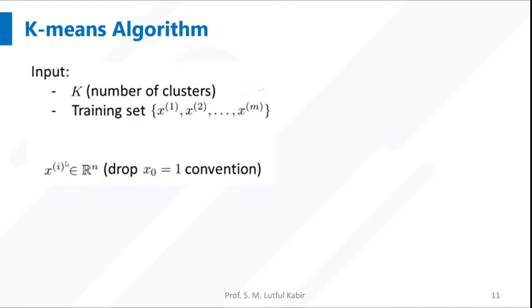Each x is an n-dimensional vector, and we'll drop x0. There is no bias term. So x has n features. Since x has n features, the mu, meaning the centroids, also have n features.